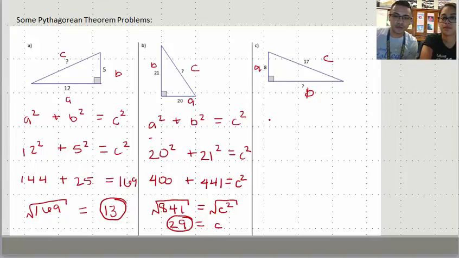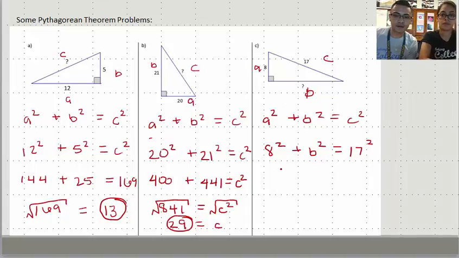So what we'll do one more time is write the equation. And then A squared would be here, plus B squared, which we don't know at the moment. And we know our C, which is our hypotenuse, which is 17 squared.